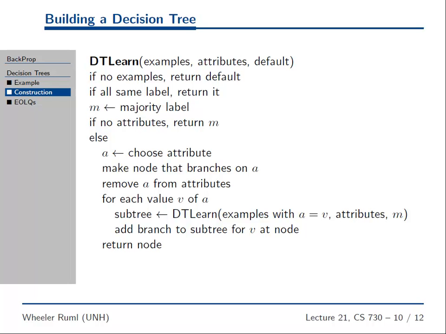If all the examples have the same label, the DT-learn function takes a bunch of examples and returns a decision tree for them. So here we are returning the degenerate decision tree that's just a single label. It's like a decision stump or a decision twig, if you want. Decision leaf? I don't know. Anyway, it is a leaf node in the decision tree.